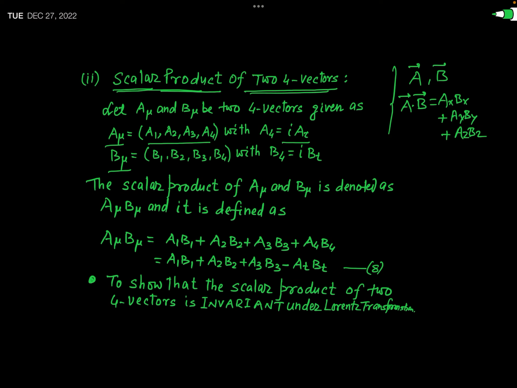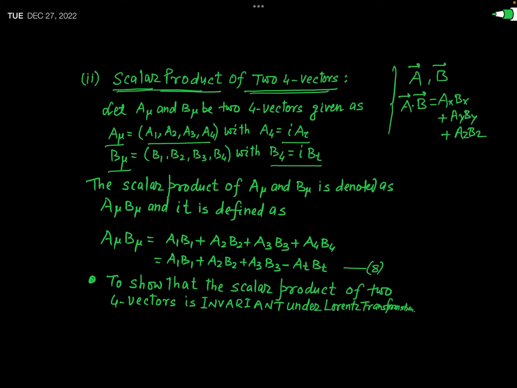Similarly, B mu is defined by B1, B2, B3, B4, where B4 is equal to IBT. In a simple manner, you can say that A mu has components A1, A2, A3 and A4, and B mu has components B1, B2, B3 and B4.